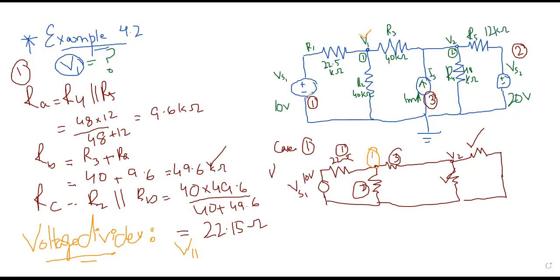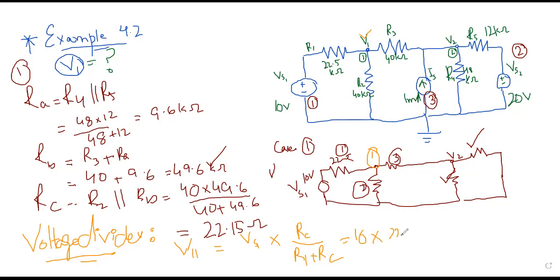So V11 equals Vs1, the source voltage 1, multiplied by RC, RC is this one, divided by R1 plus RC. What is the value of Vs1? Vs1 value is 10 multiplied by the value of RC is 22.15.